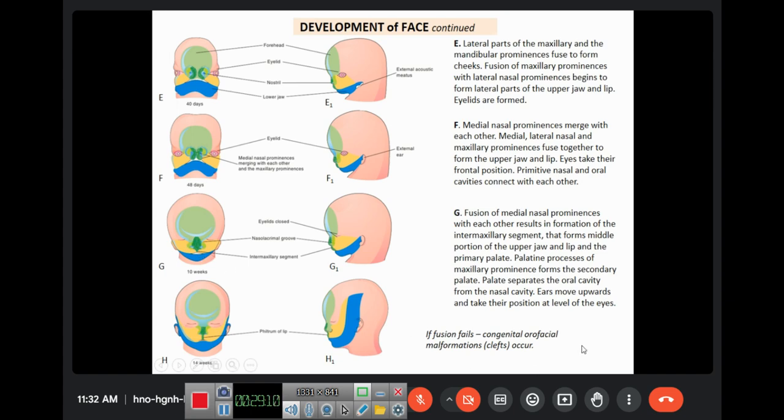So if something fails, if a fusion of some processes fails, it will lead to congenital orofacial malformations or clefts.